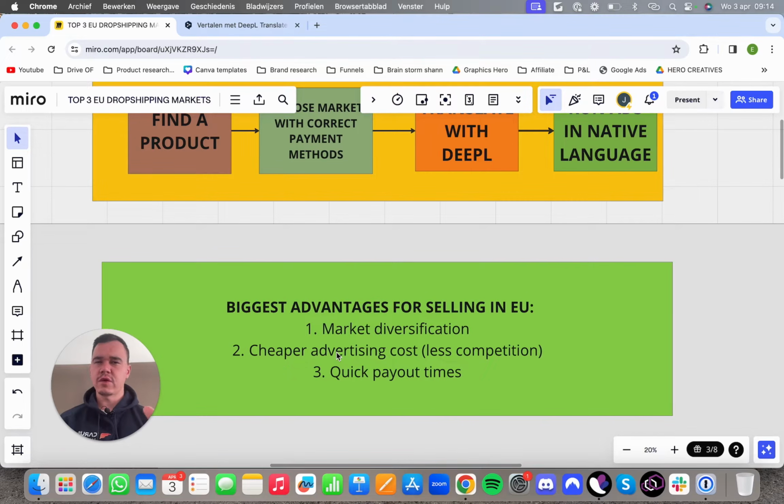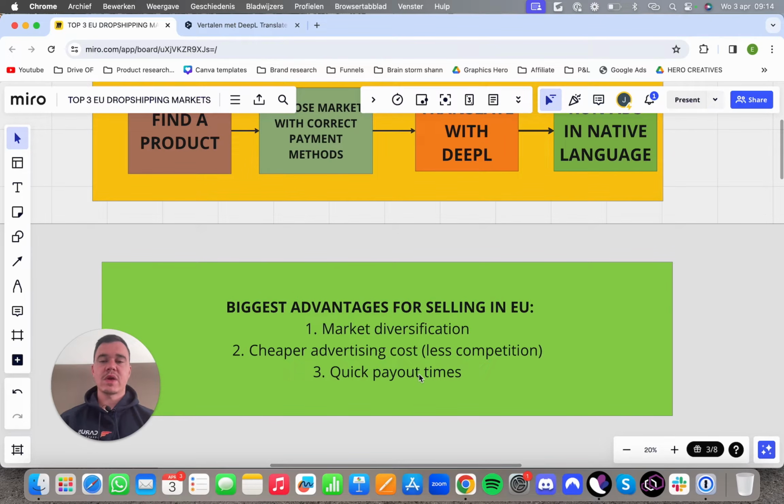I believe 34 cents is the lowest that I got, and my CPM is below $10. So this is very good. In the US market, with my product, I think my CPMs would be around $40 or $50. It's in the health niche, which is a pretty competitive niche, and I think CPMs would be very high in the US. So this is why I chose the Dutch market. Of course, Dutch is also my native language.